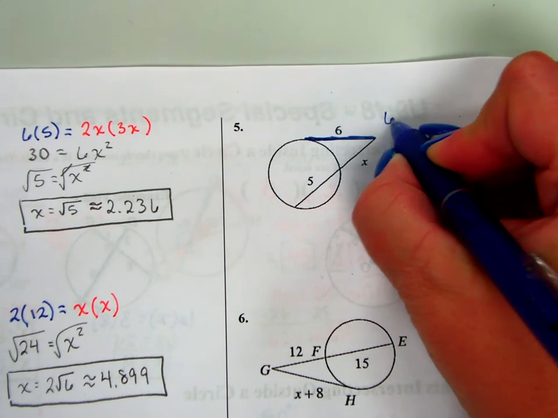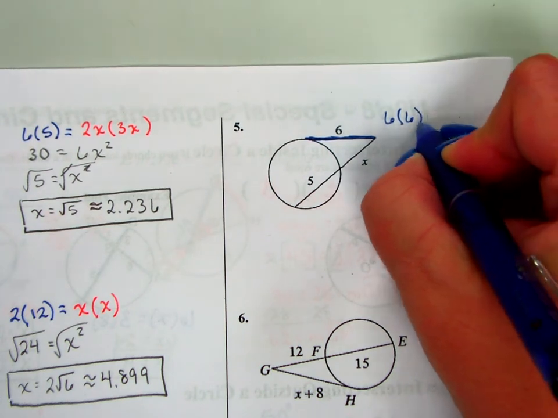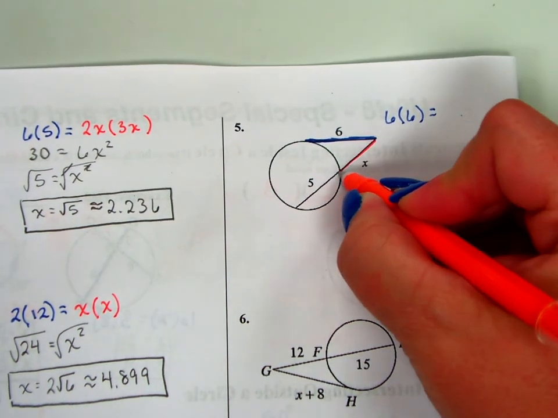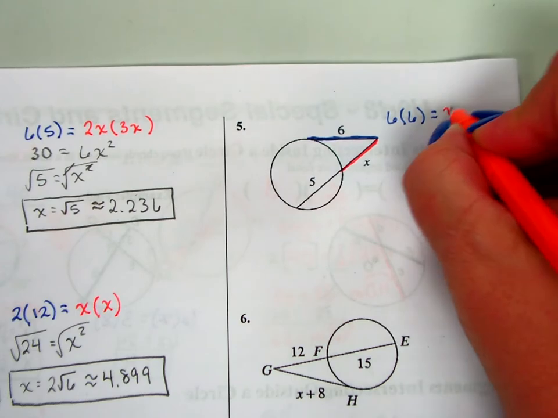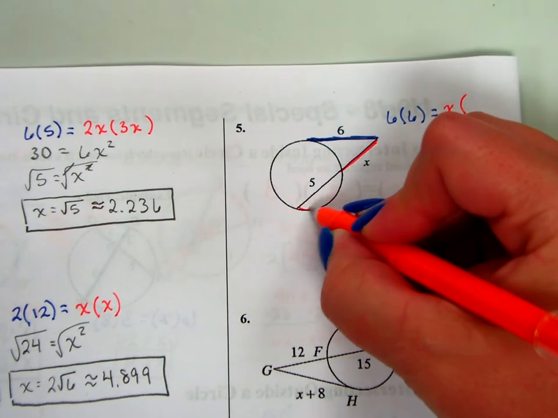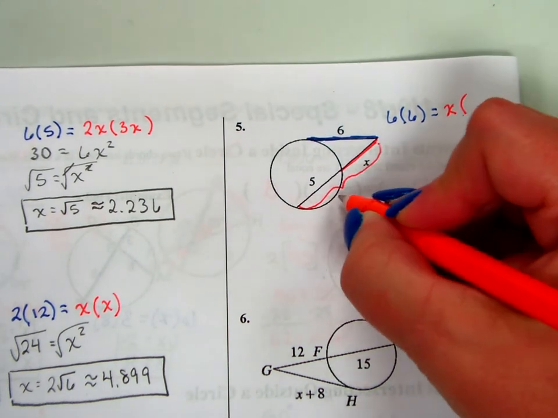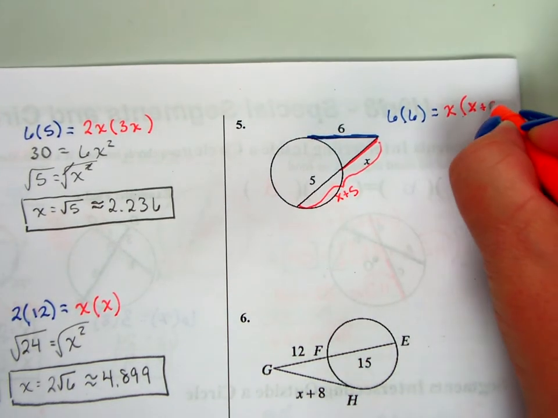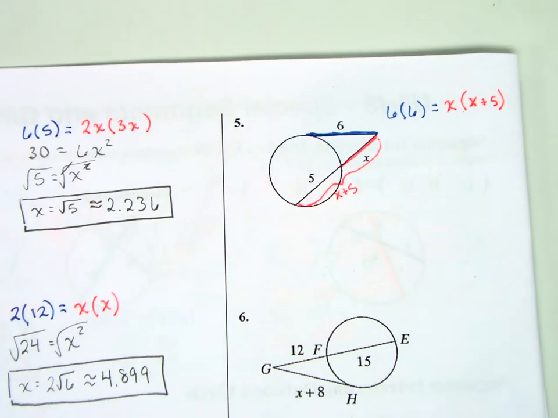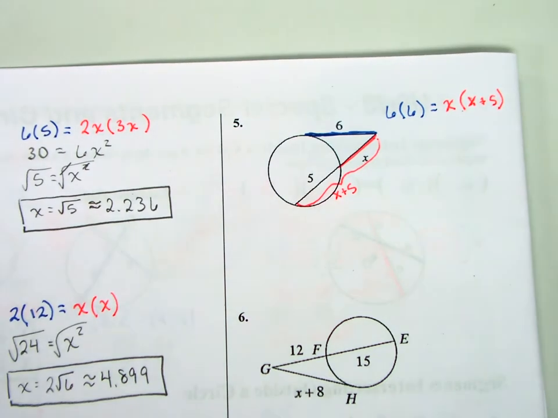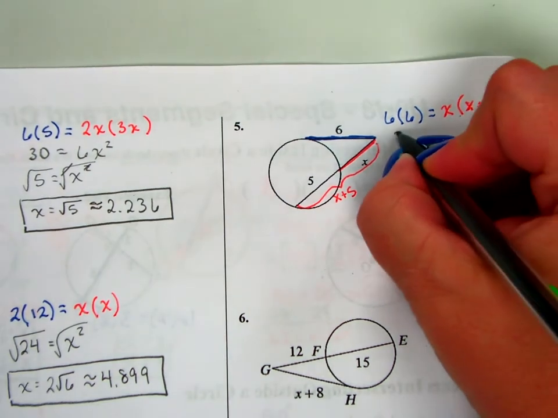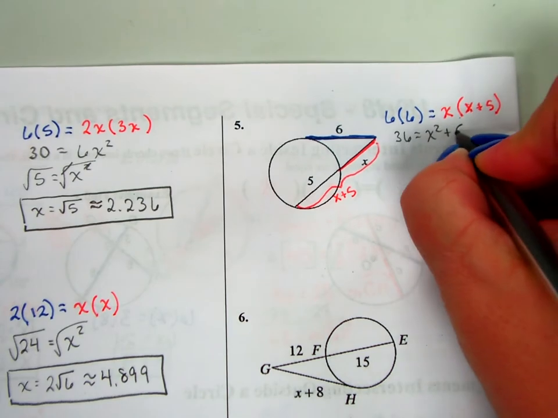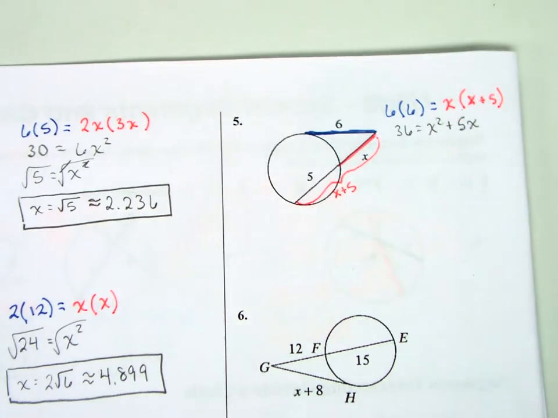My external is, and the whole is, and then for my other segment, my external is, and the whole is x plus 5. Alright, so I end up with 36 equals x squared plus 5x.